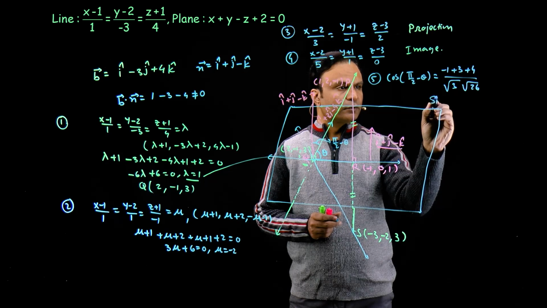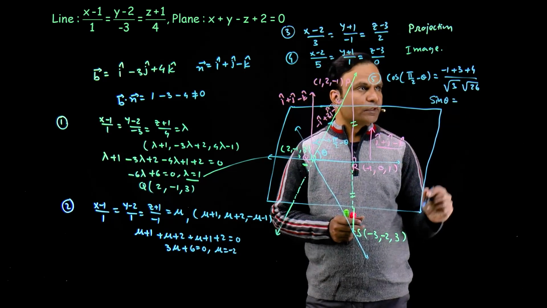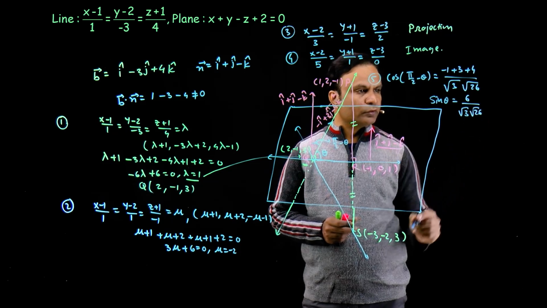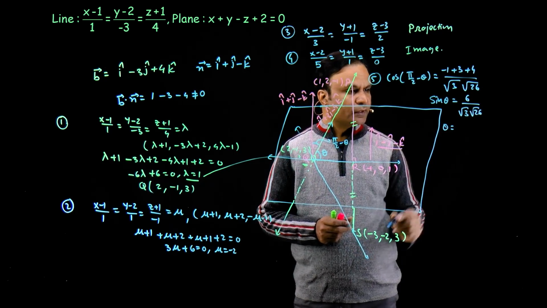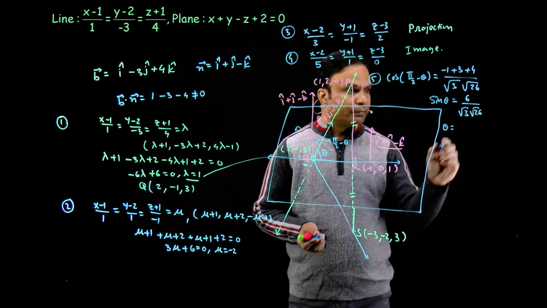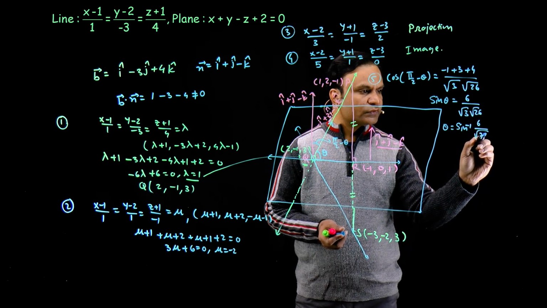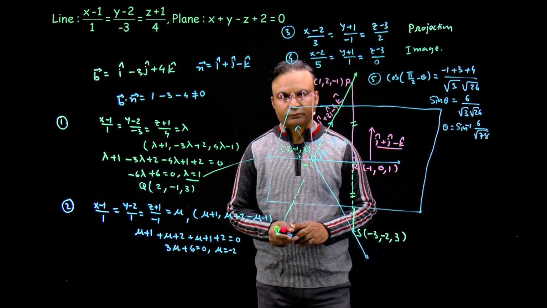So we have sin theta equal to 6 upon root 3 multiplied by root 26. So theta, which is the angle between line and plane, is sin inverse of 6 upon root 78.